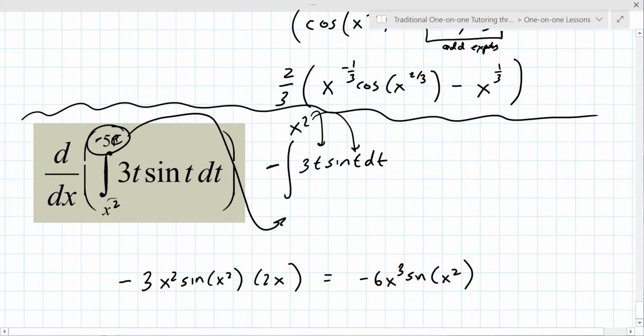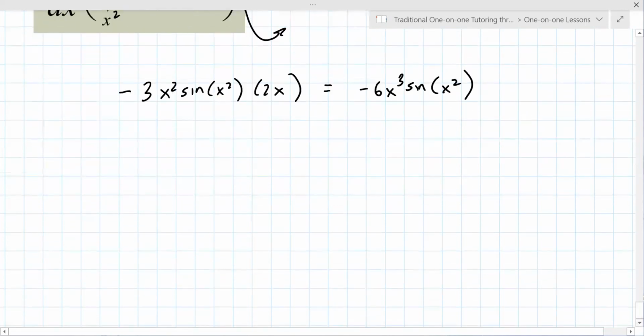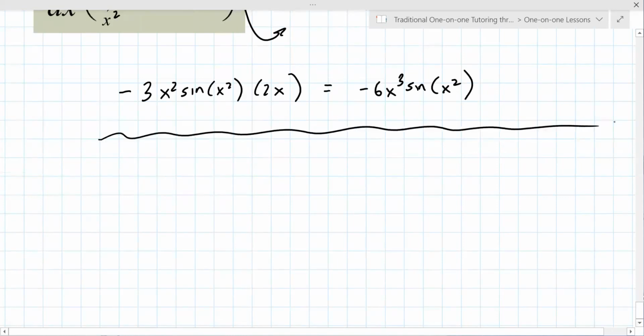And the antiderivative of x squared is x cubed over 3. Yes. Okay. You're at a point now where you can have these side by side.